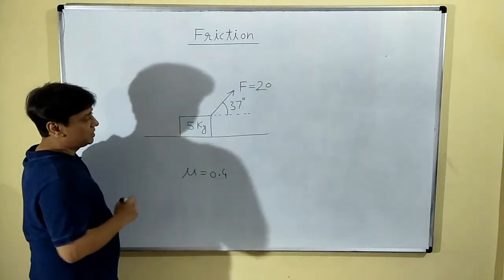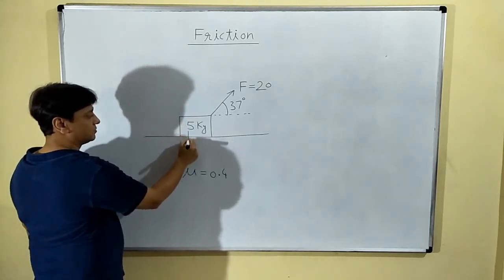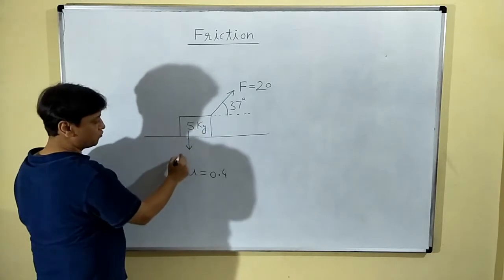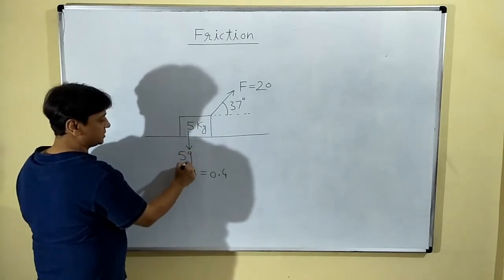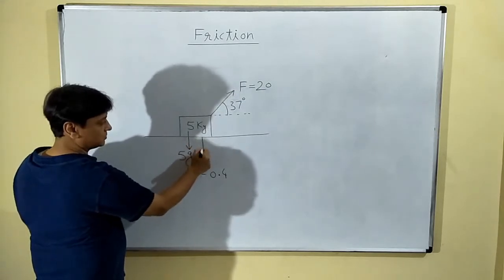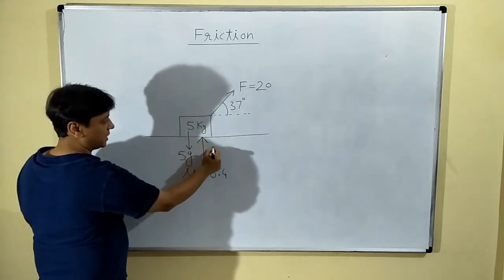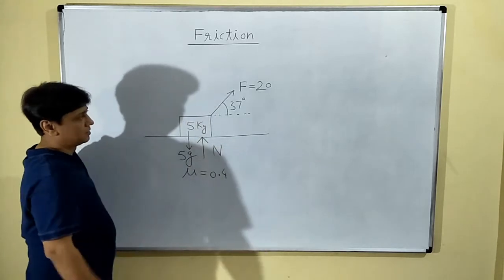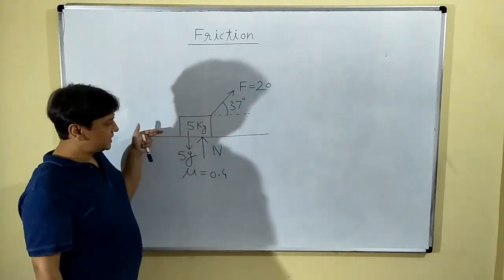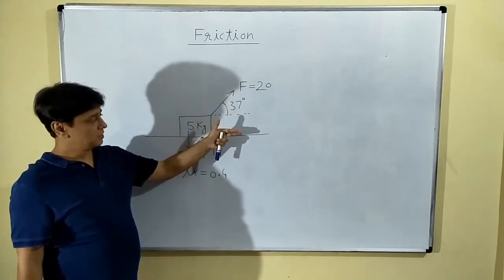This is the 5 kg body. जो forces हैं उन सारे forces को show करते हैं. Downward force, mg. This is the contact surface. That's the normal reaction, N. Because of this force, this body has a tendency to move in this direction.